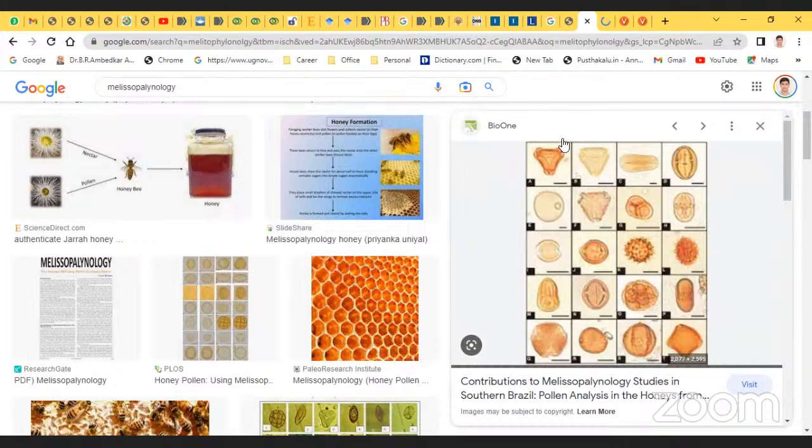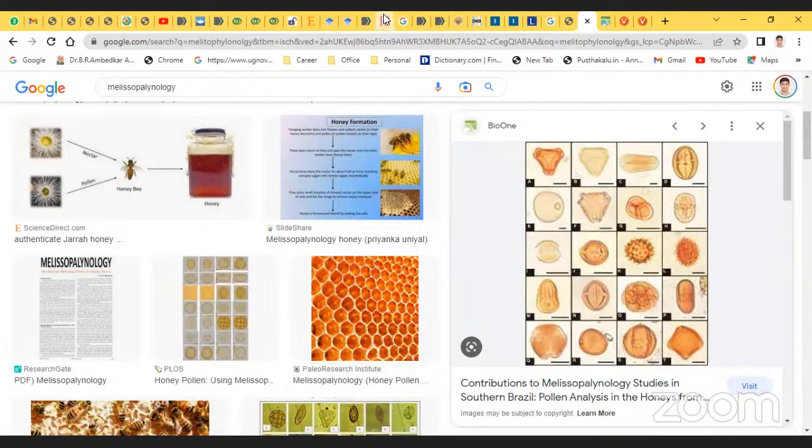Suppose for example, this pollen grain belongs to this family. Suppose the round pollen grain is there, this one is acacia. These are the pollen structures. Our Kumar sir is working on these pollen grain studies from the honeybees.